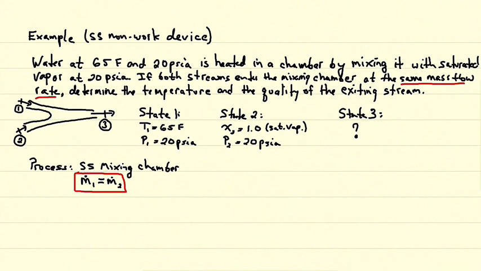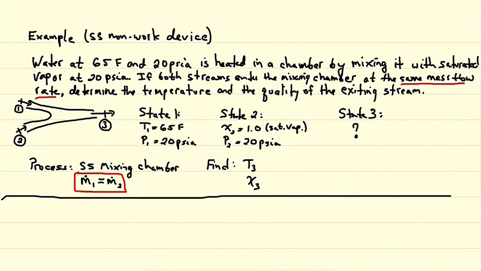Now we can write down what it is that we need to find. After we write down details of the process, we write down things that we need to find, and we're basically asked to find the temperature at state 3 as well as the quality at state 3. Okay, so we can move into our analysis now.